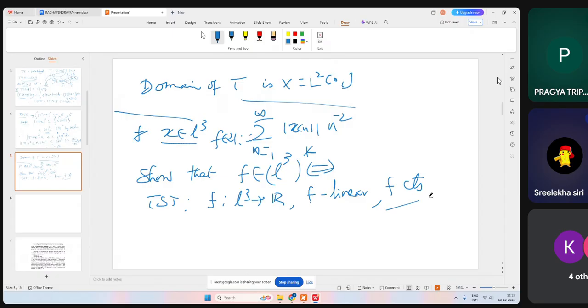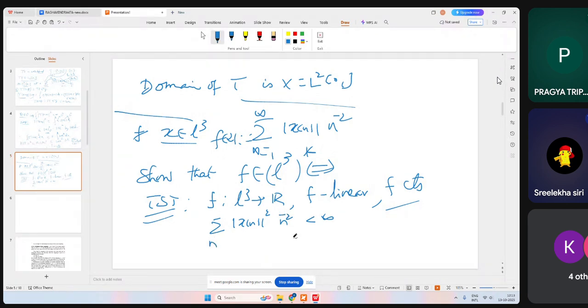The problem with most of the answers is you don't write this step. So you jump somewhere. For example, somebody says that the summation of mod xn square n raised to minus 2 is finite. Okay, this is okay.